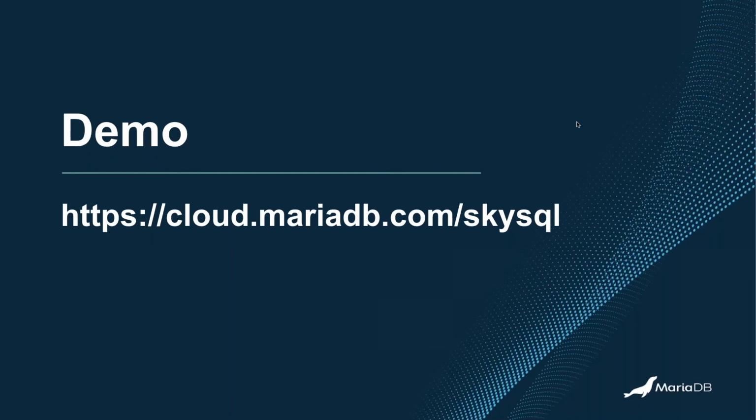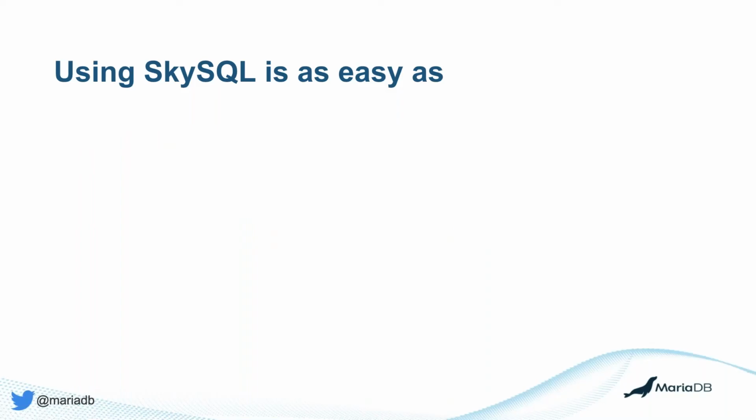But the proof really is in the pudding, as I've said a couple of times throughout this. And I think it's important for us to actually dive in and take a look at SkySQL. And where we're going to start, obviously, is to take a look at https://cloud.mariadb.com/SkySQL. And that allows us to get into the web portal. And we're going to take a tour of the web portal and see exactly what's offered inside of SkySQL. But that's really just the beginning, right?